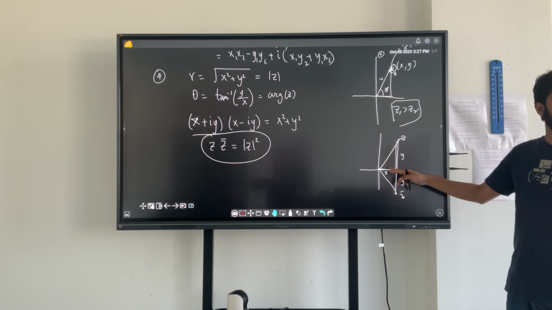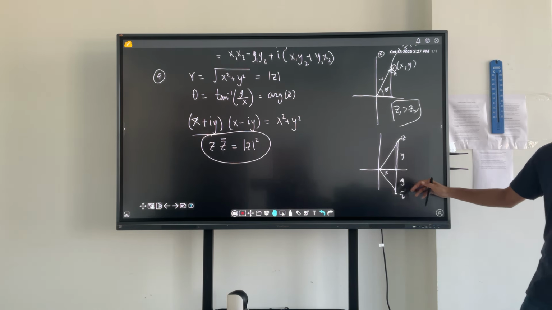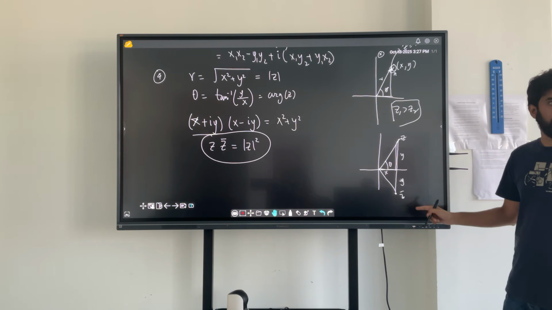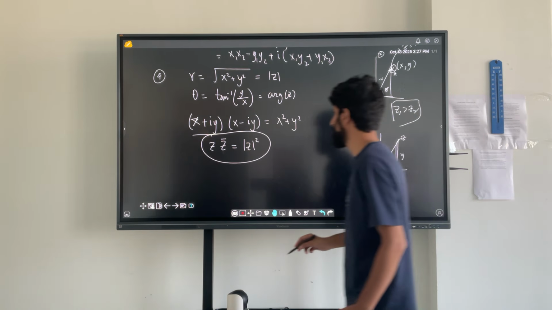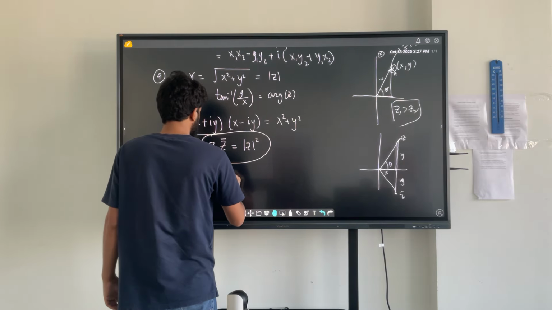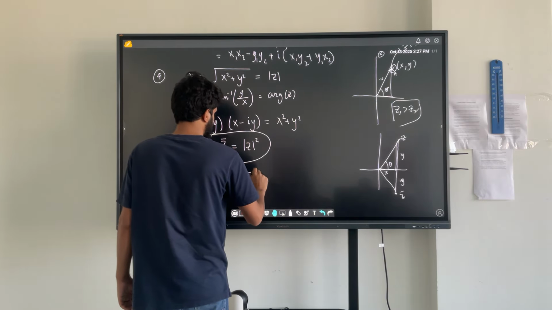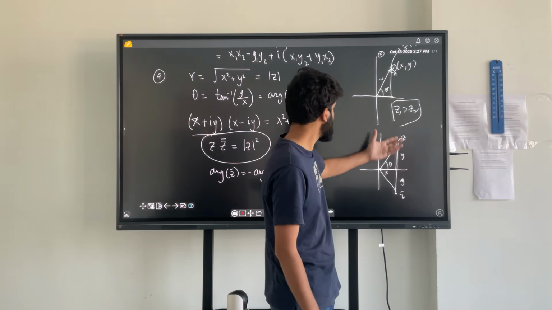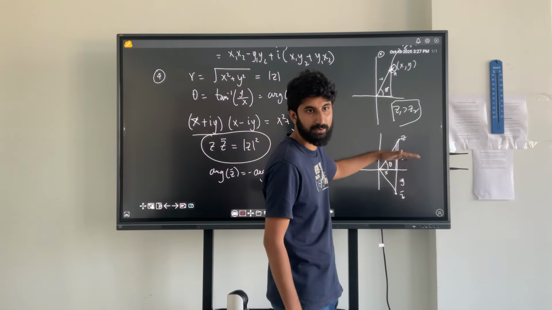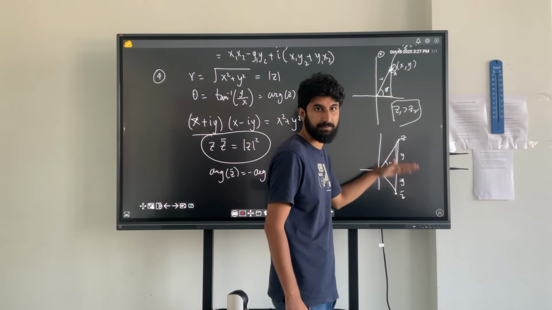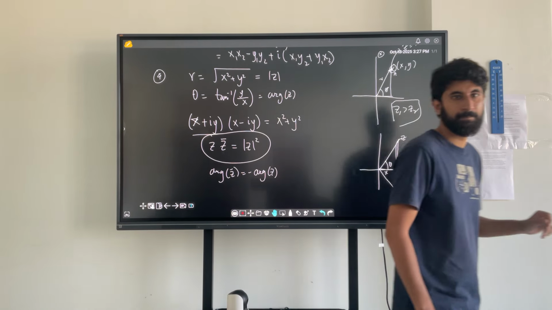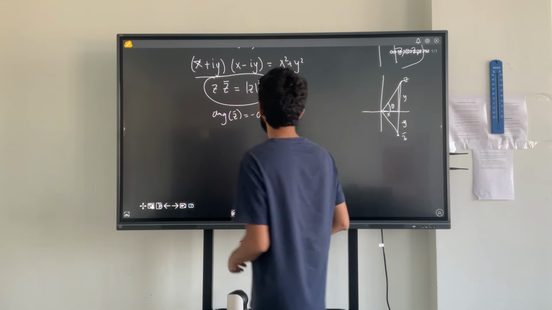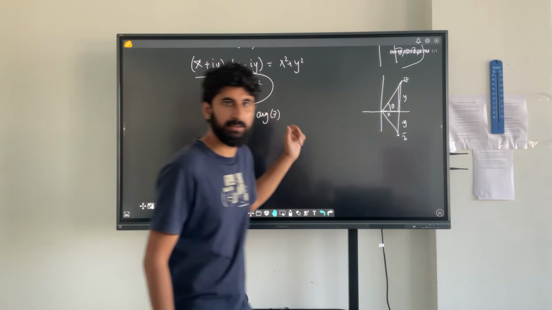What about the argument? If this guy has an argument of theta, what about the argument of z bar? Minus theta. It's simple. So the argument of z bar is just minus the argument of z. And it is exactly the mirror image of this guy. Imagine a mirror here, it just reflects. This is clear? Any questions so far? This is just basic.